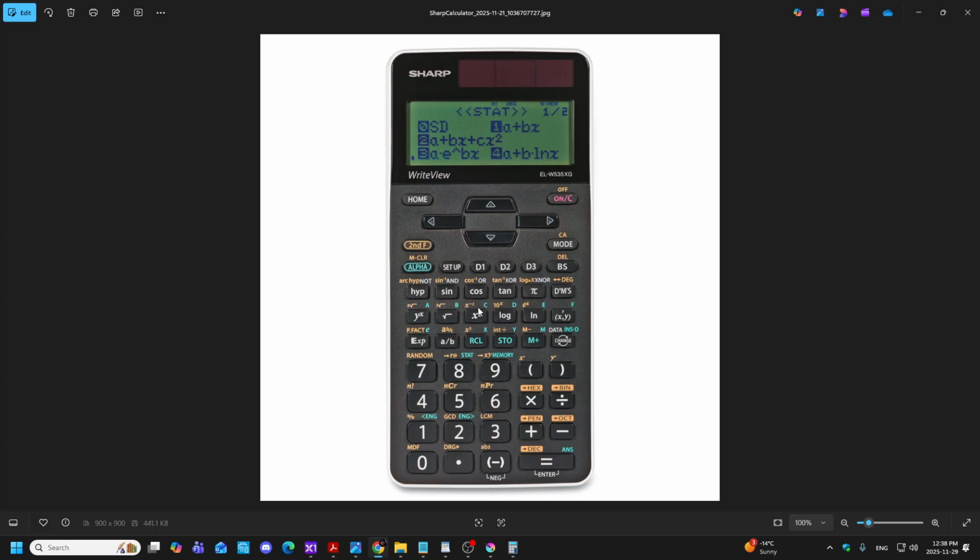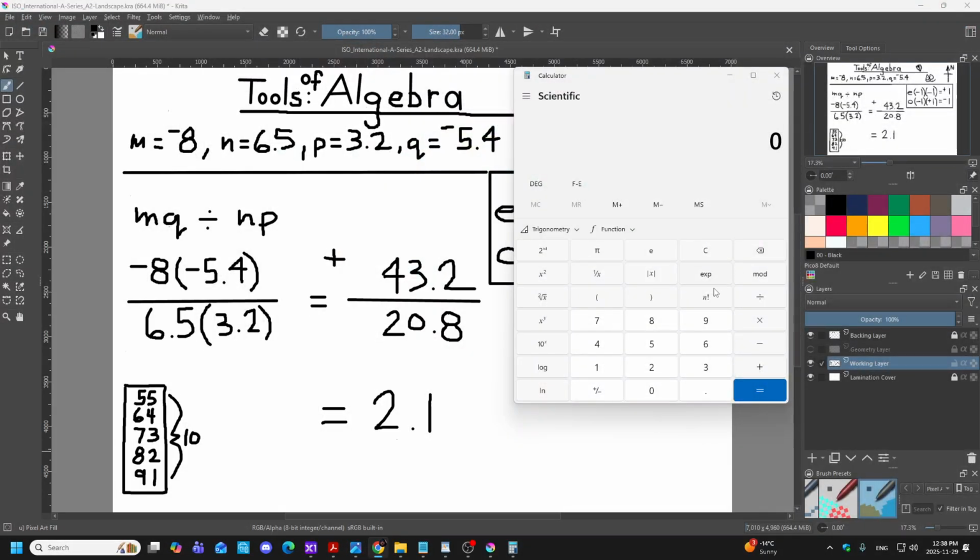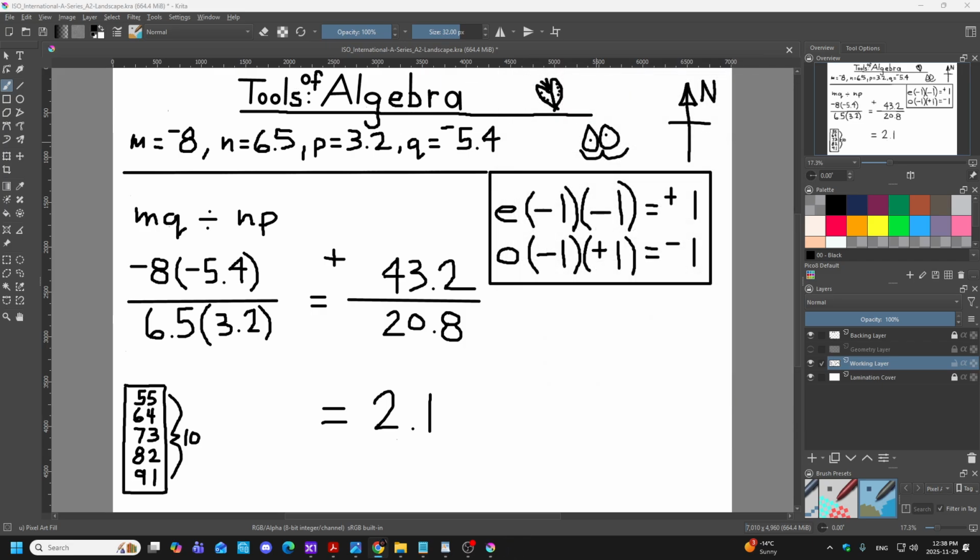It takes your denominator and brings it up to the north or numerator. Okay, 20.8 is the denominator. I'm flipping it. Now I can multiply by 43.2. Same answer.